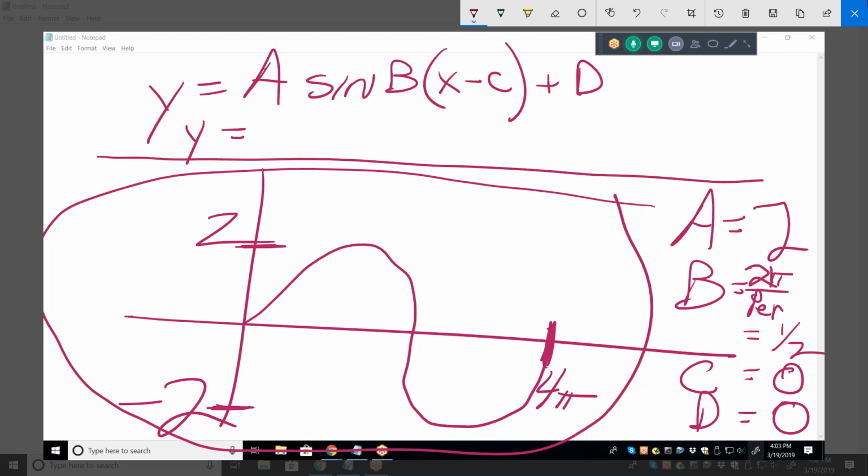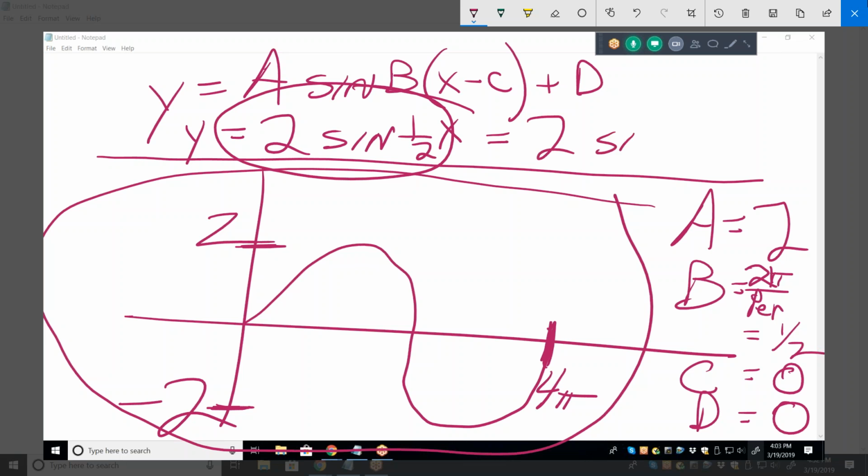Y equals 2 sine of x over 2. Correct, like that. And incidentally, that is the exact same thing as this. This tends to throw people when you put it like that. See why it's the same?